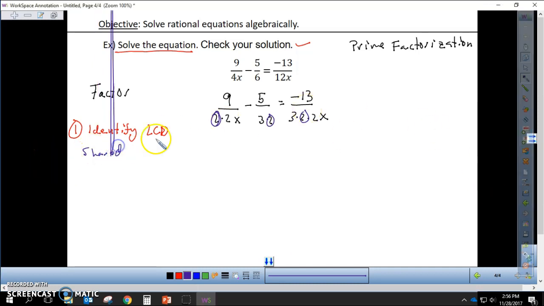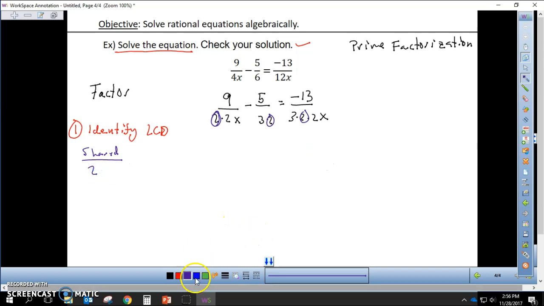And then we have anything else being shared. Here's an x. I have an x that's shared.